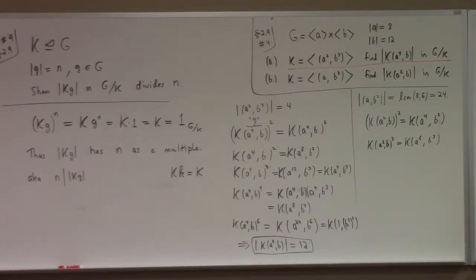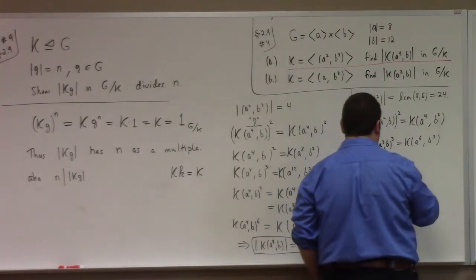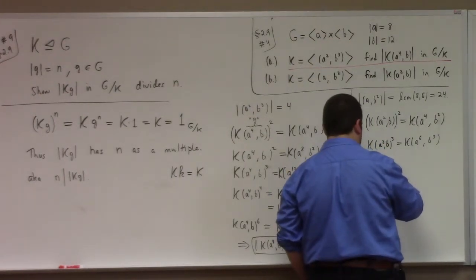Very good. So next, test even divisors of 24. That might be easier. 2, 4, 6, 12. So do you think 4 might work? 4 might work.